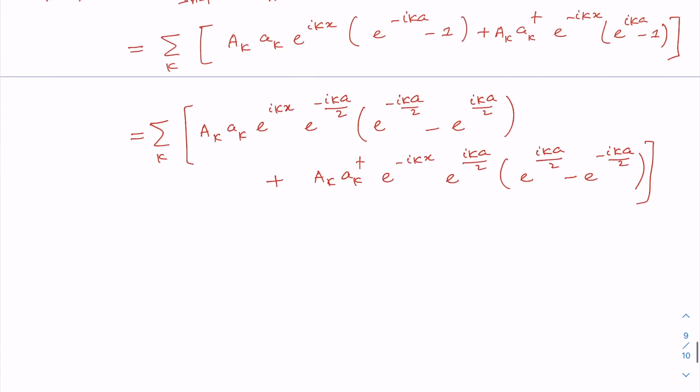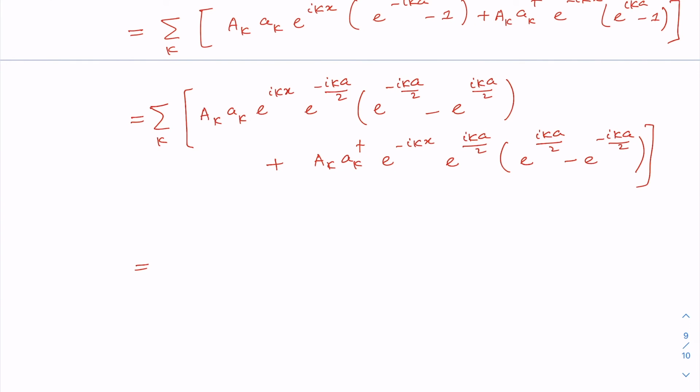Okay, and you know that e to the power I theta minus e to the power minus I theta is equal to twice I sine theta. So we can use this identity and put it in the expression. Let me write the final expression.